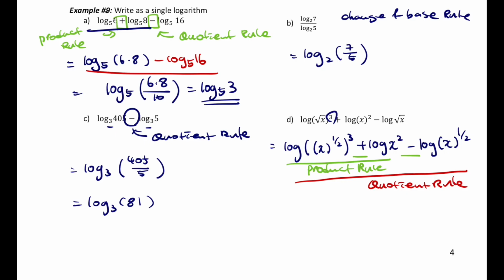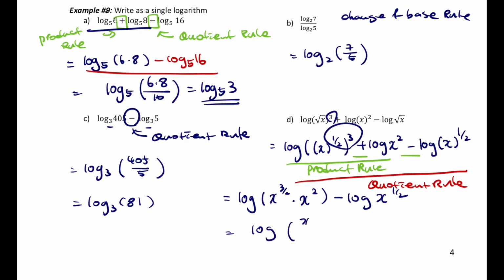So we can rewrite this as log x to the power of 3/2, I just simplified it right away, times x to the power of 2, right? Minus log x to the power of 1/2. This is the same as log x to the power of 3/2 plus 2 over x to the power of 1/2.